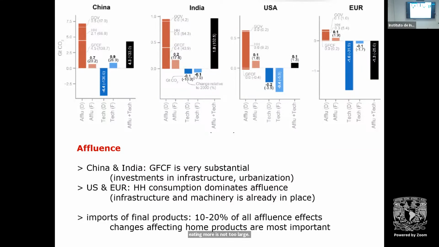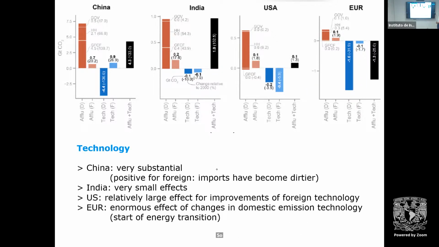The imports of final products is 10 to 20% of all the affluence effect. Observe that this is relatively small in comparison to the other red bars. So all the changes that affect the home products or use of home products are the most important.